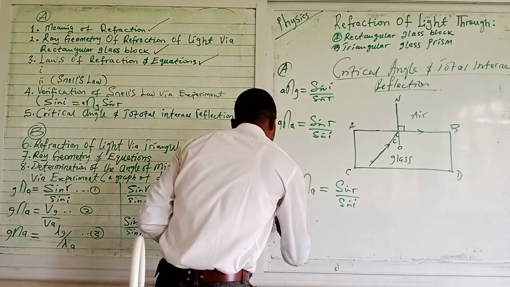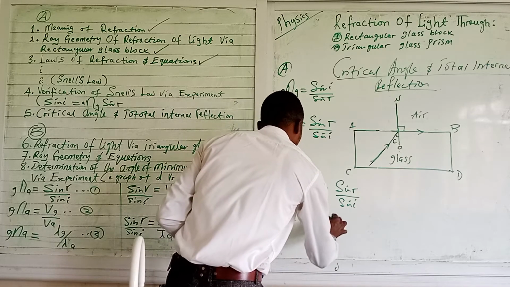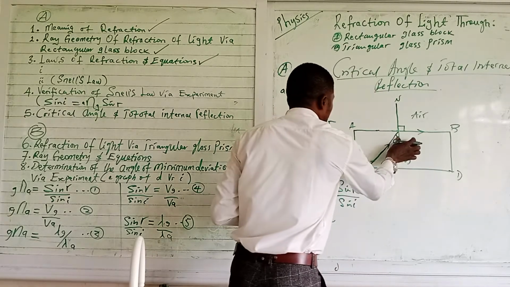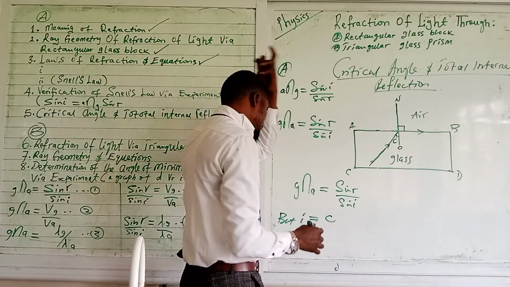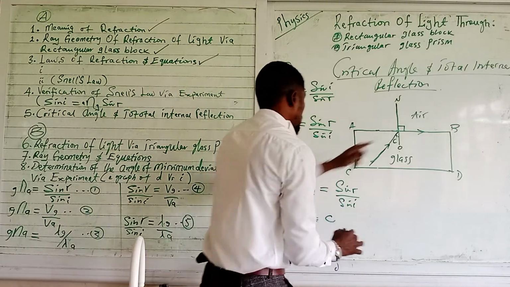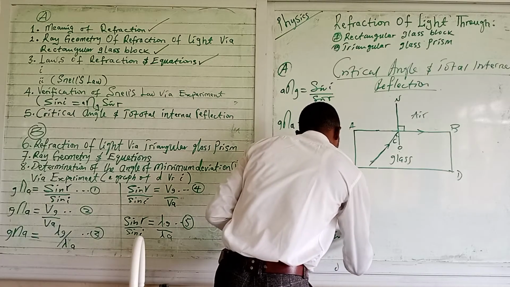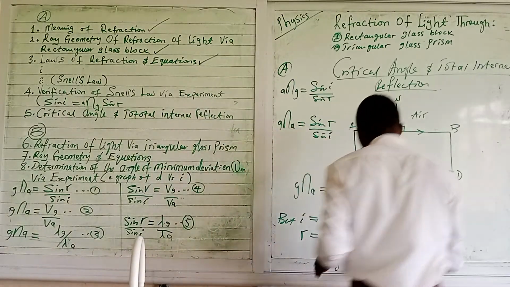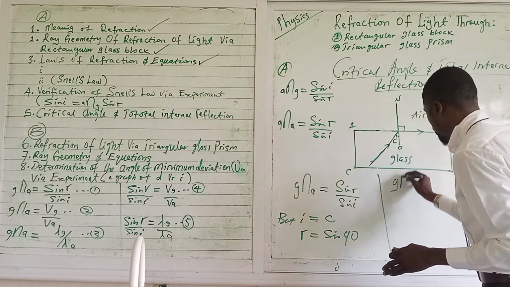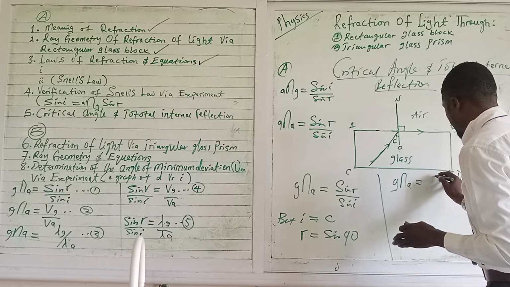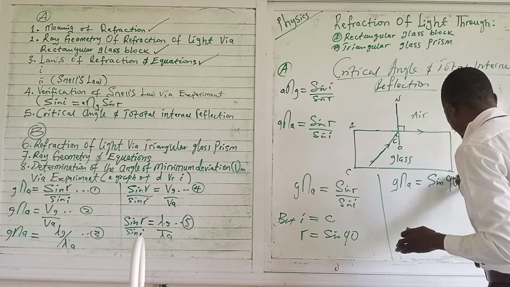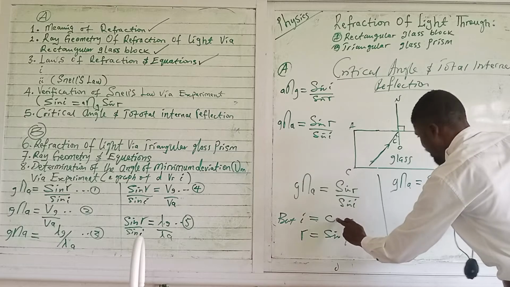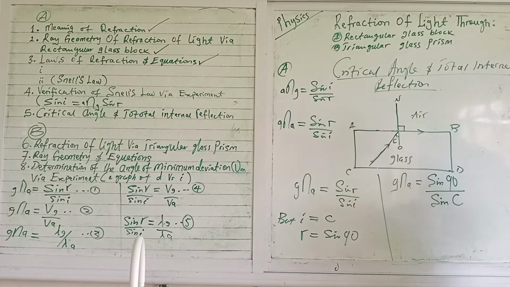But in this case, our i is equal to c, because this i is the incident angle. And our r is equal to 90 degrees. This implies that the refractive index of glass to air is equal to sine 90 degrees divided by sine c.